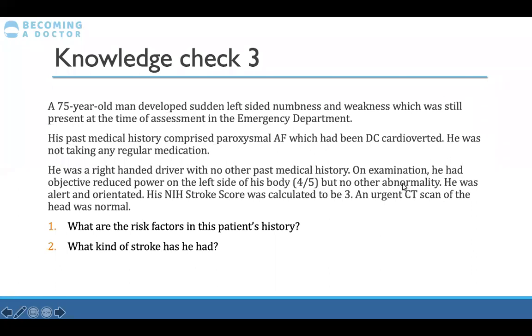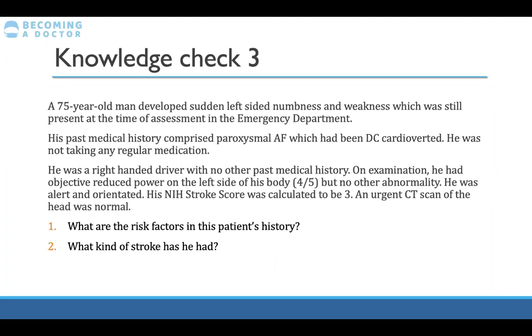So actually, this sounds like a lacuna infarct, doesn't it? It could be a partial. We have to assess completely and make sure that it isn't, and then treat him accordingly. Okay, so I would say both teams here that have voted for lacuna and PACS could be equally right.